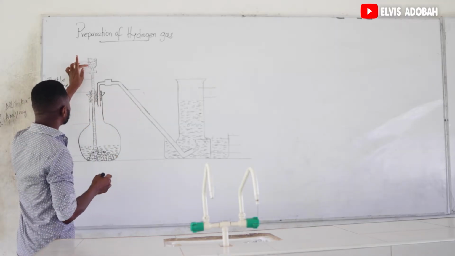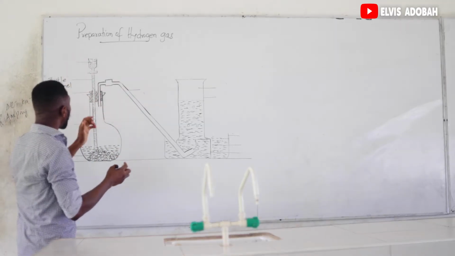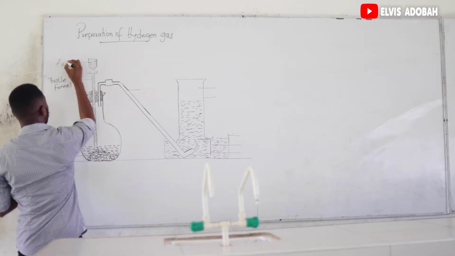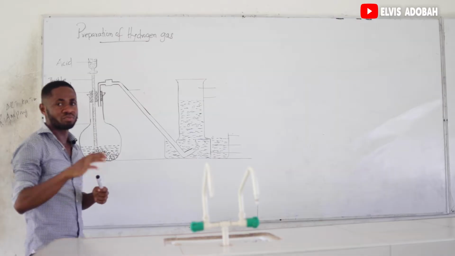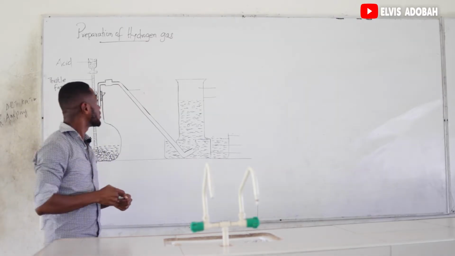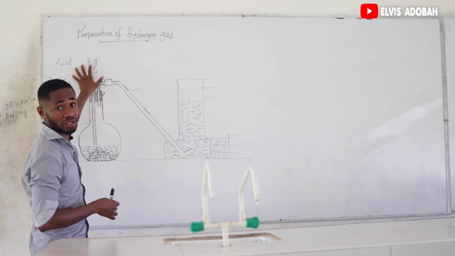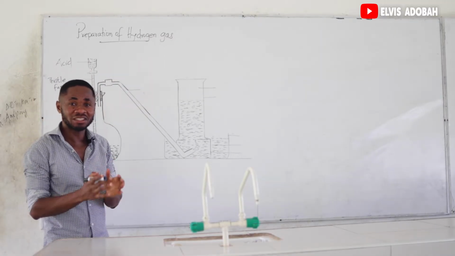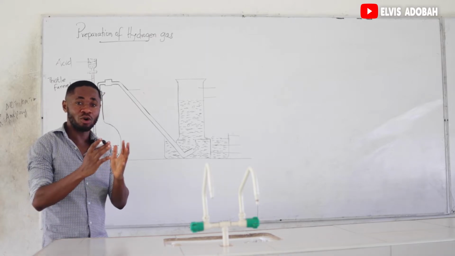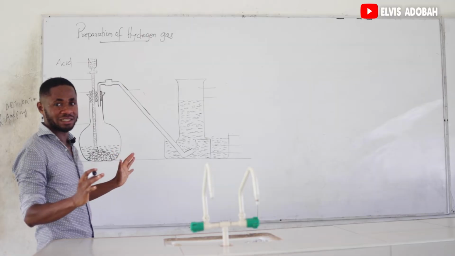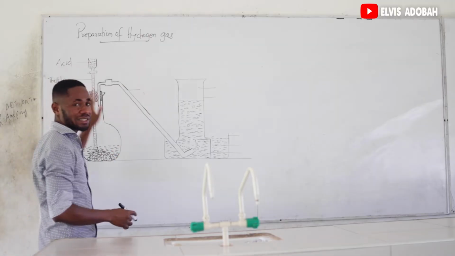So the content of this thistle funnel, whatever we have poured into this thistle funnel, is our acid. Now, based on the question, you need to know what to put here, because some questions will say hydrochloric acid, some questions will say tetraoxosulfate 6 acid. But I have not talked about any acid yet, so I'm writing the name simply as acid.